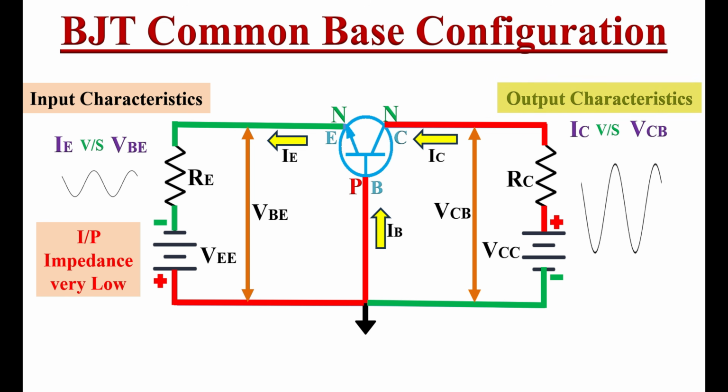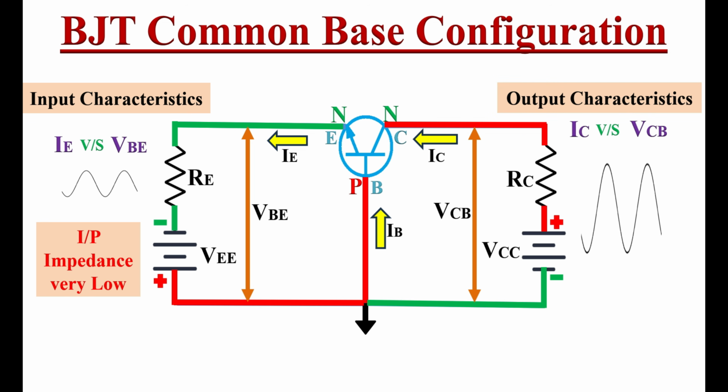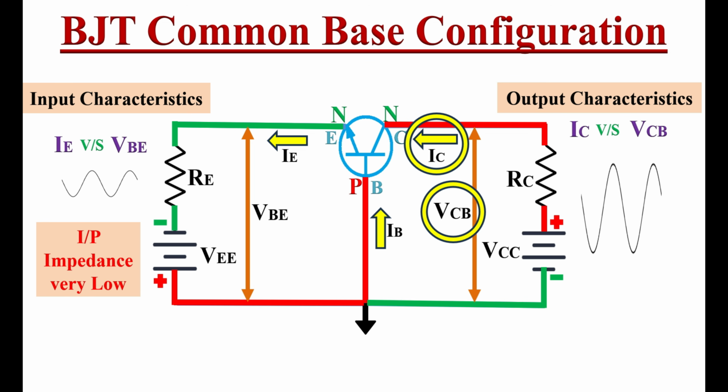Similarly, let's understand the output characteristics. Here the collector current IC is the output current, and the voltage between the collector and base terminals, VCB, is the output voltage. So the output characteristics define the relationship between output current IC and output voltage VCB, when the input parameters are kept constant.